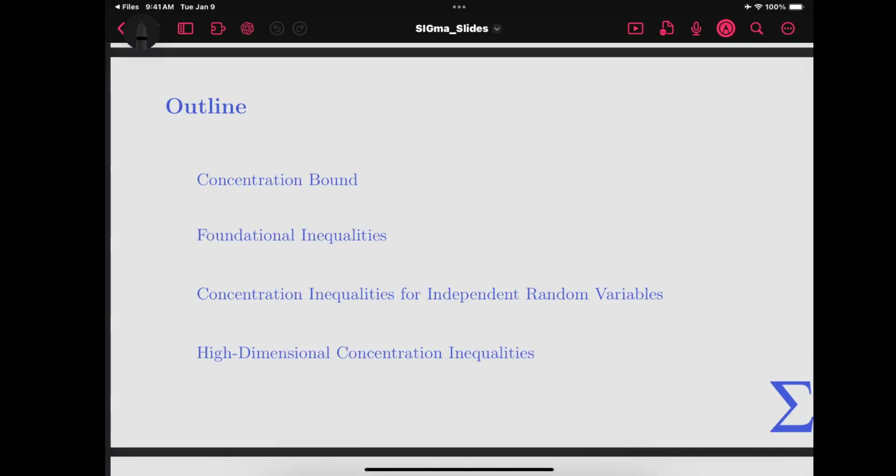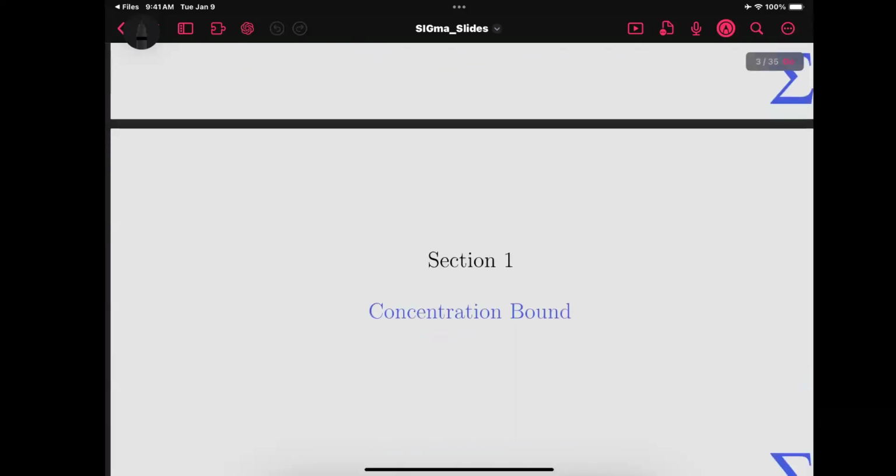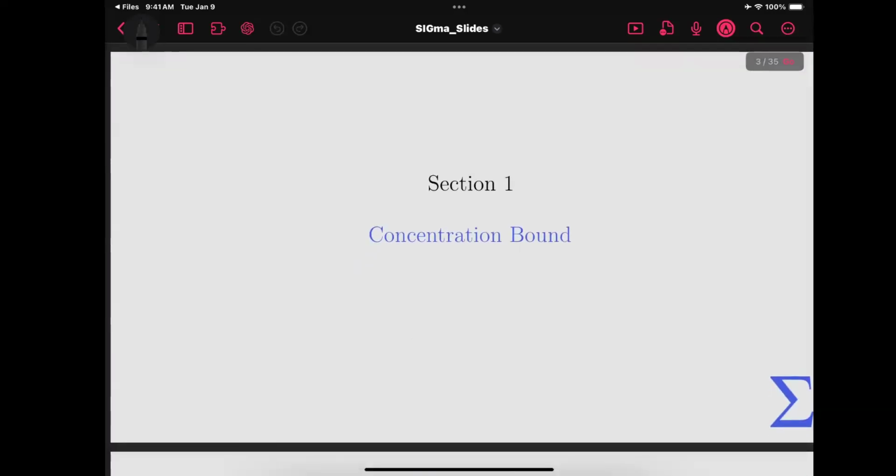The easiest and most basic is foundational inequalities. The second, a little more complicated, is concentration inequalities for independent random variables. And the most complex one, from what I can understand, is high-dimensional concentration inequalities. So first, I will go to the concentration bound.